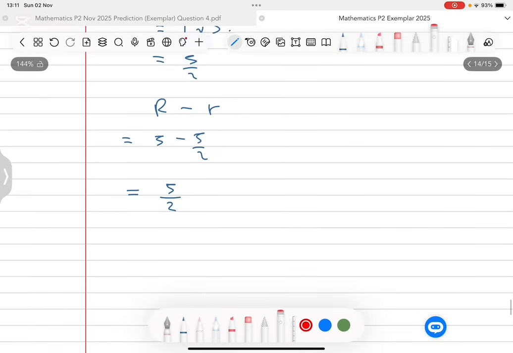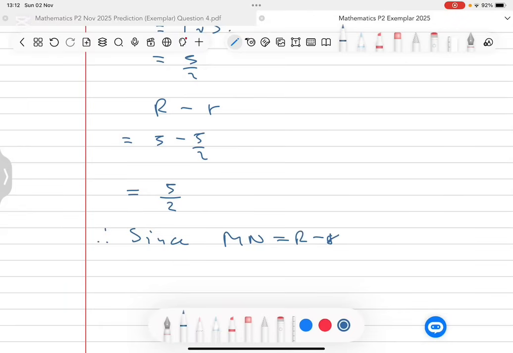So to answer this question, we conclude to say, therefore, since mn is equal to R minus r, both circles must touch internally.